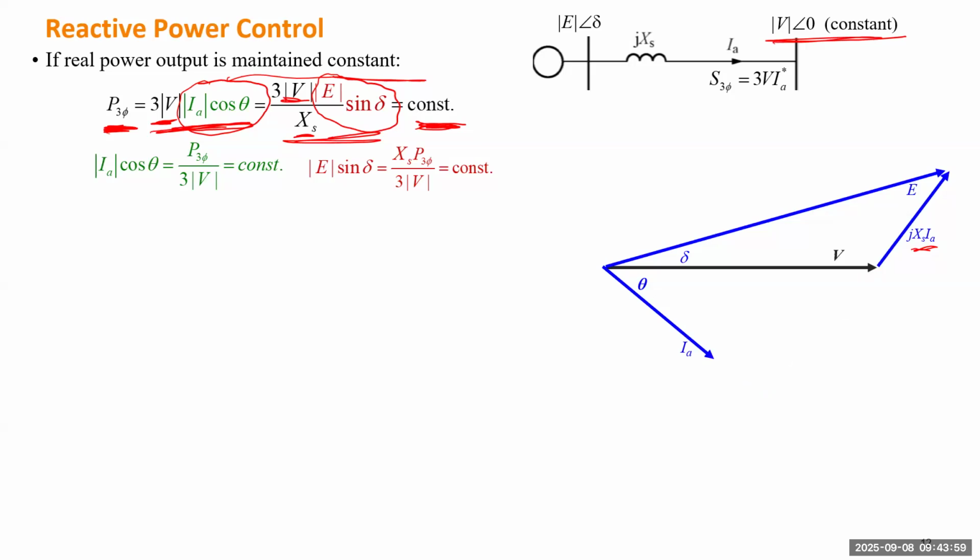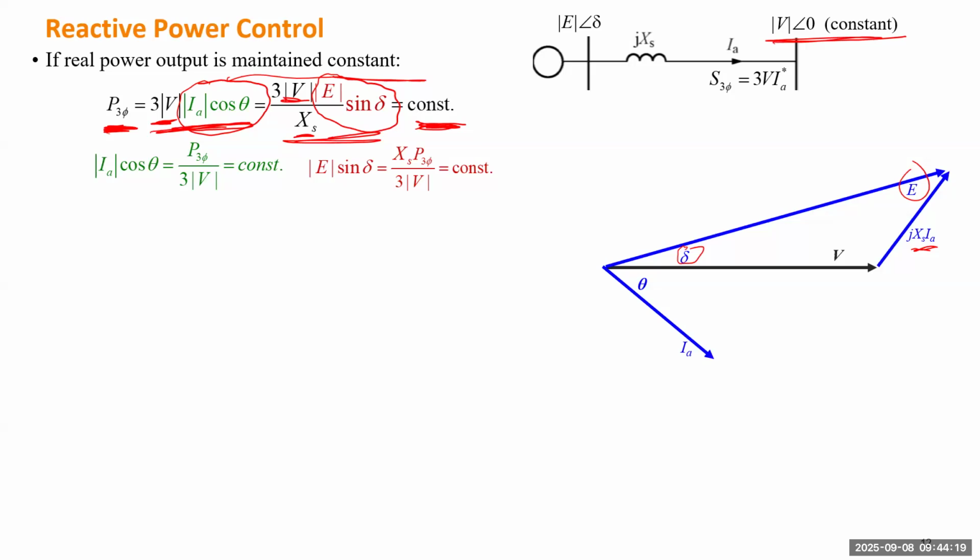Then finally, we can draw the excitation voltage E. In this case, it will be longer than V and leading by angle delta. Okay, this is just the phasor diagram for the condition with lagging power factor.